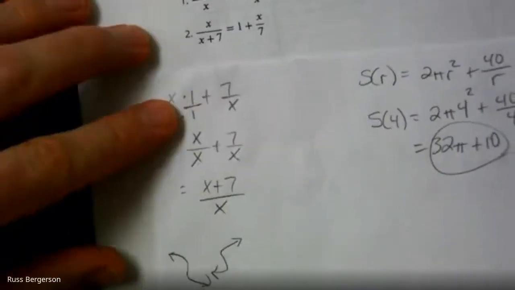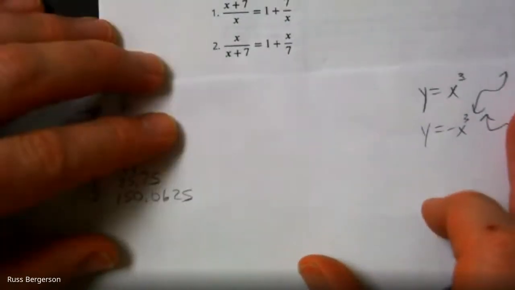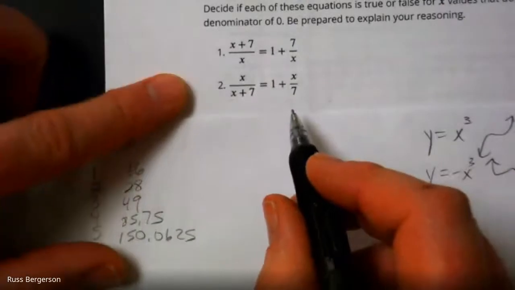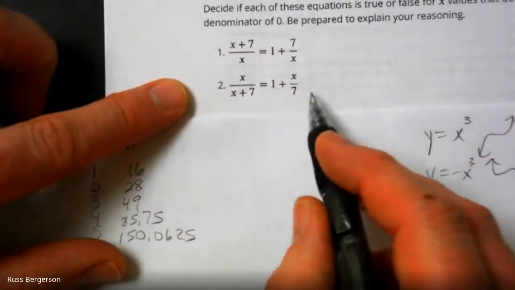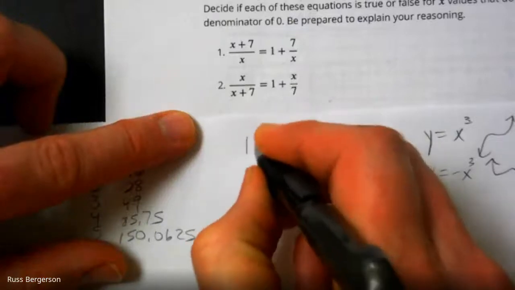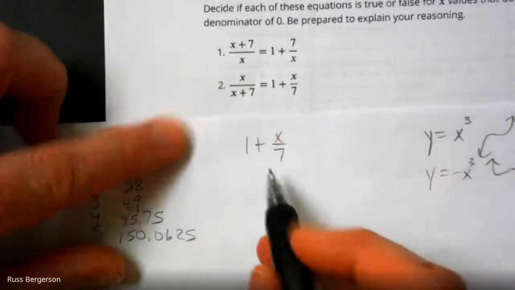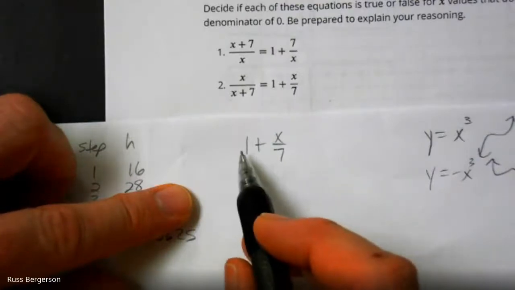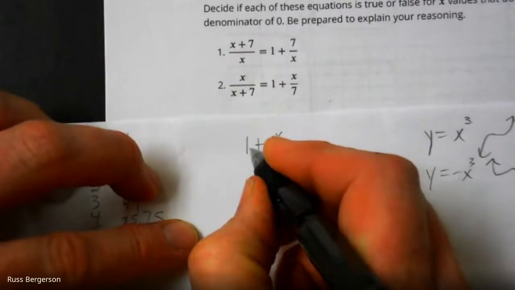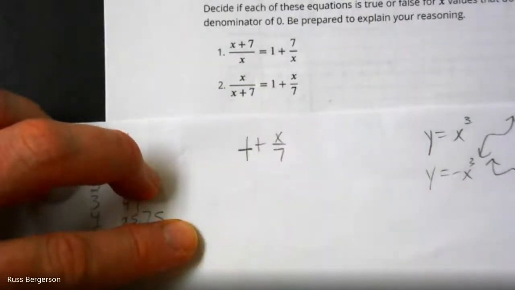Now, problem number 2. Oh boy, if I tried doing that same trick with this one, like let's say I said, okay, let's get a common denominator for the stuff on the right-hand side. You know what the common denominator would be? I mean, I can write 1 as a fraction, right? 1 over 1. Not these.